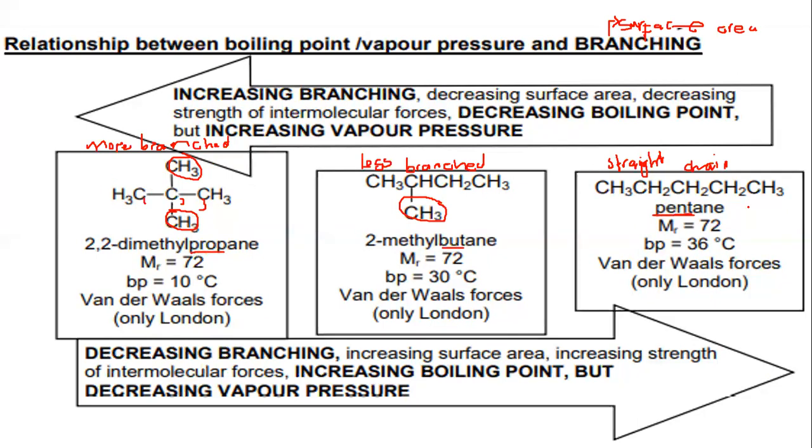In other words, from right to left, the branching increases because here there is no branch, and then dimethyl propane has 2 branches. So it's less branched because of 1 branch, it's more branched because of 2 branches. In other words, from right to left, the branching is increasing.